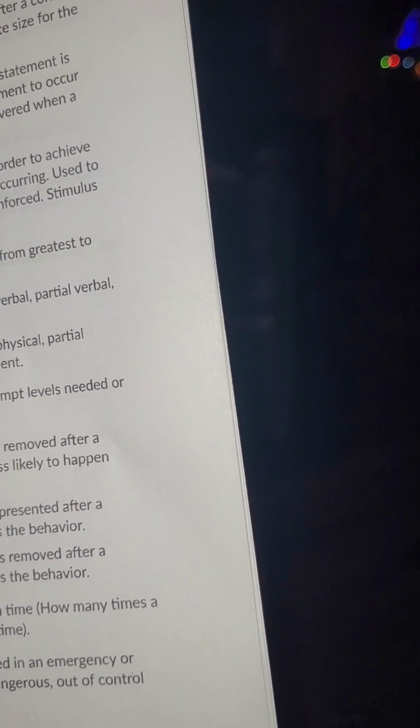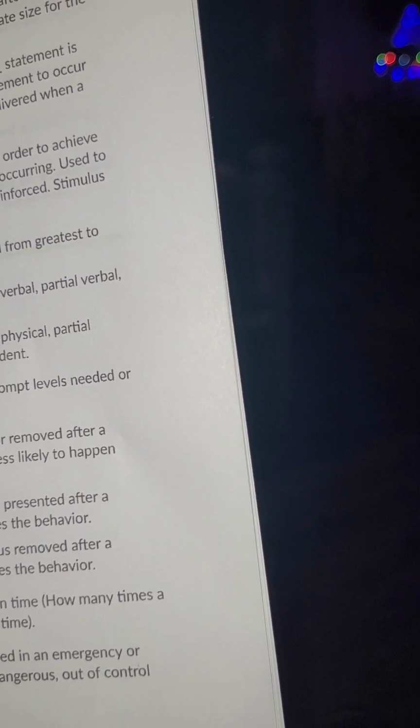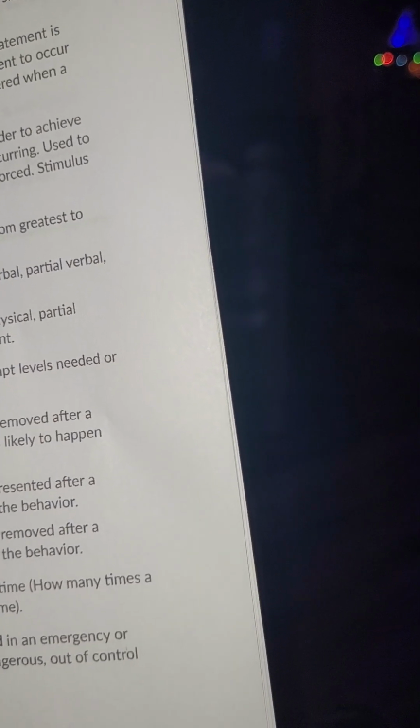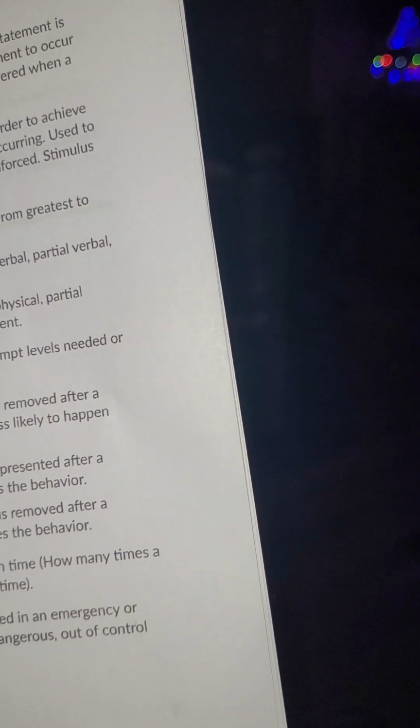Rate, the ratio of count per observation time, how many times a behavior occurs in a set amount of time. Reactive strategies, techniques used in an emergency or crisis situation to gain control of dangerous or out of control behaviors.